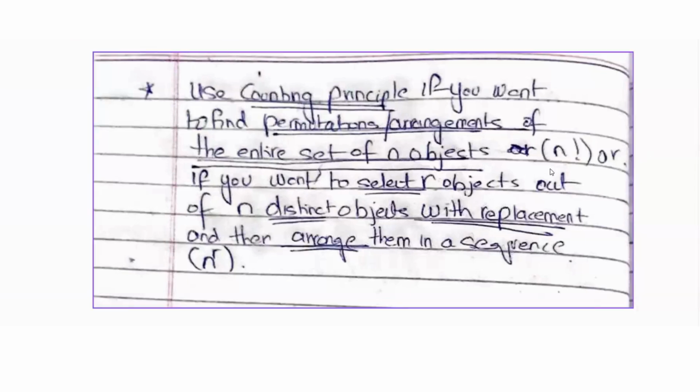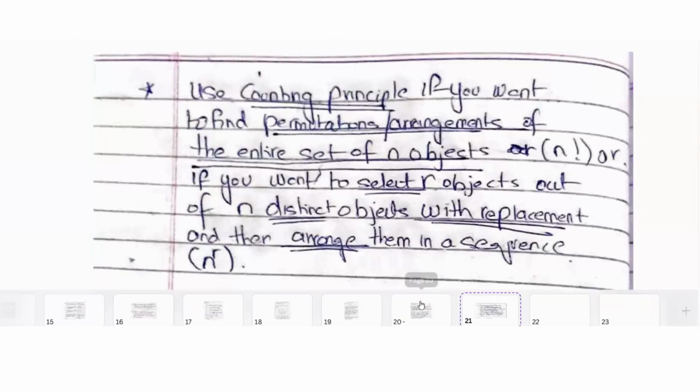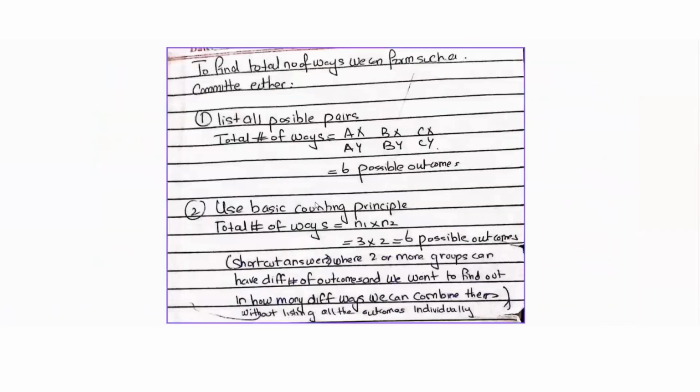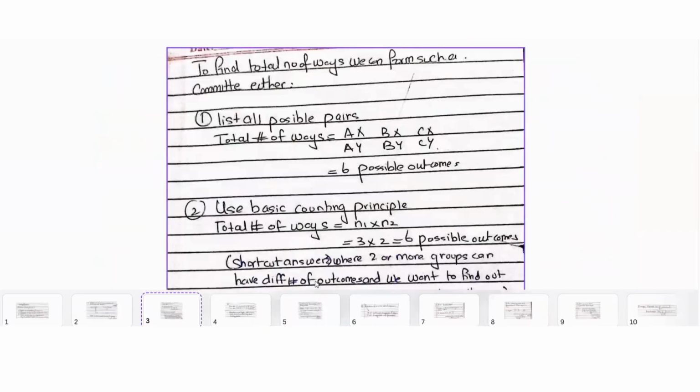And here, this n factorial is only if the entire set of n objects is distinct. If they were not distinct, then we can account for their repetitions as well. We already learned that by dividing by their permutations. That's the first thing we actually looked at here.